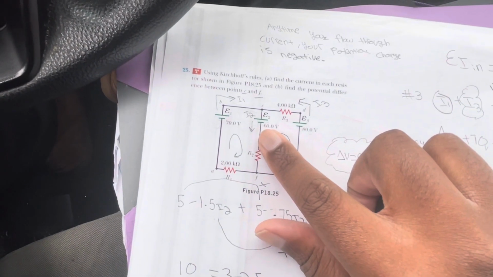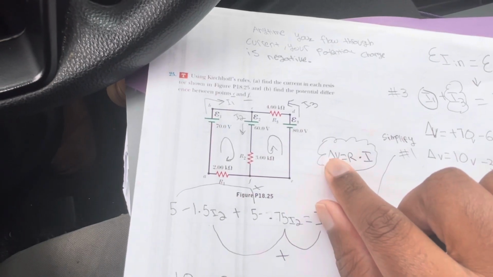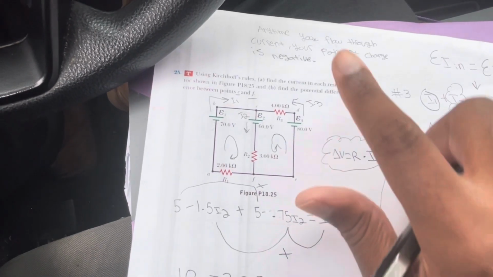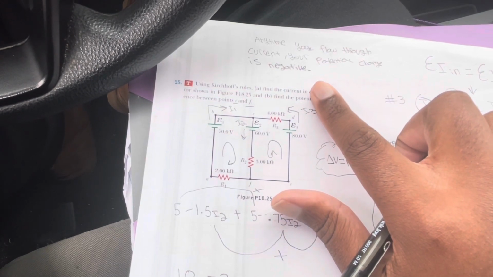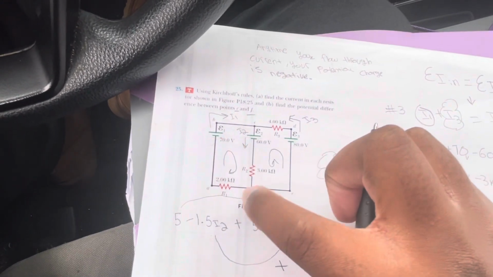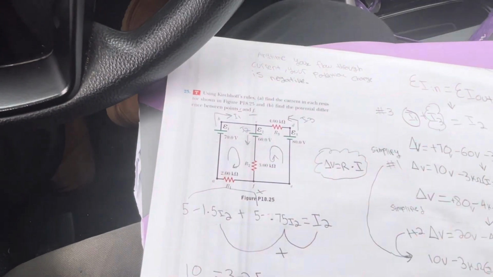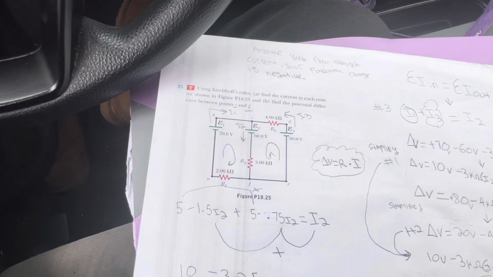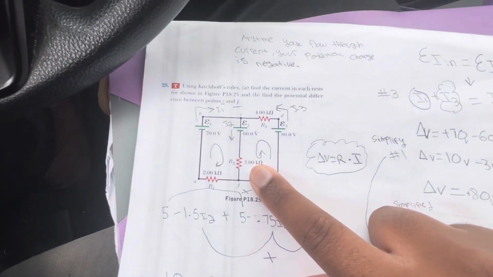And then each time we do this now, we're going to add this formula, which is anytime we flow through the current, the potential charge will be negative. So it's going to be minus R, which is 3.